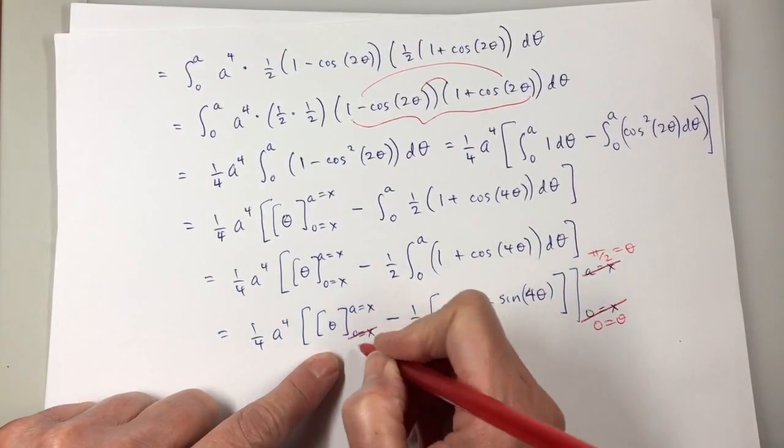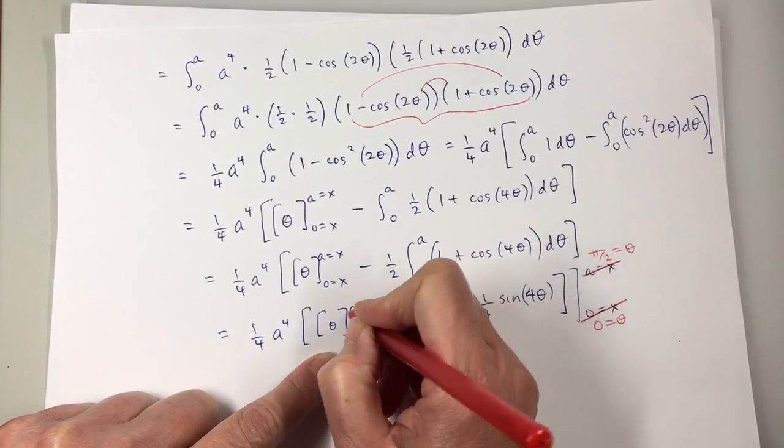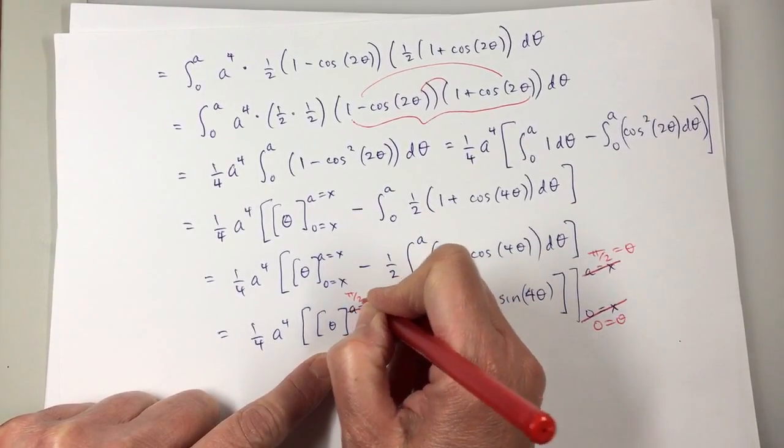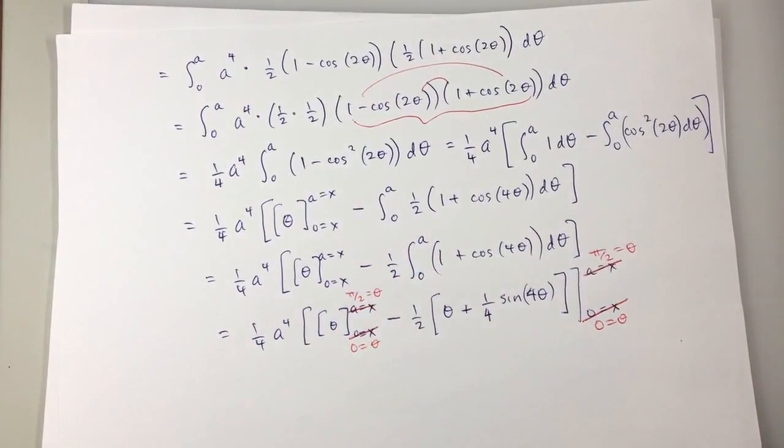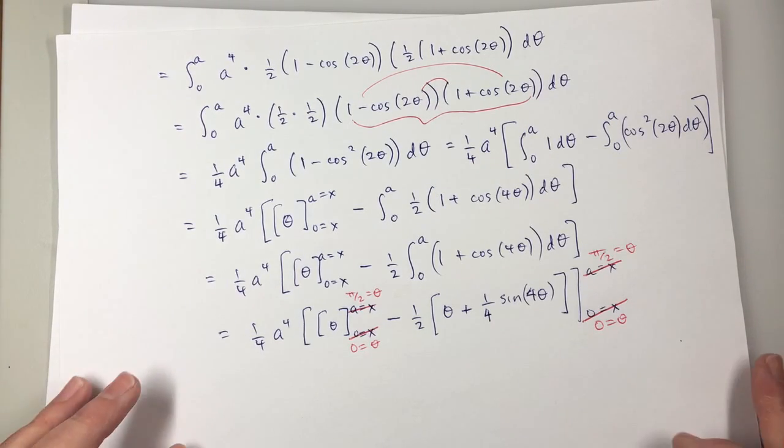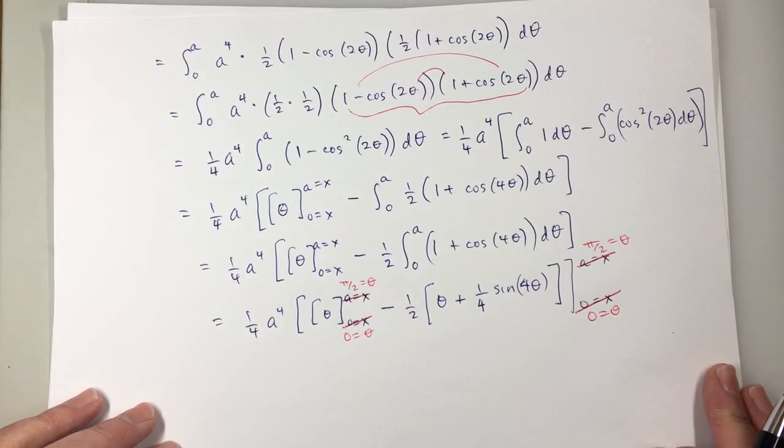Let's change it here as well. 0 is theta, pi over 2 is theta. And now I don't have to go back to x, since this is a definite integral. If it was not definite, I'd have some stuff to show.